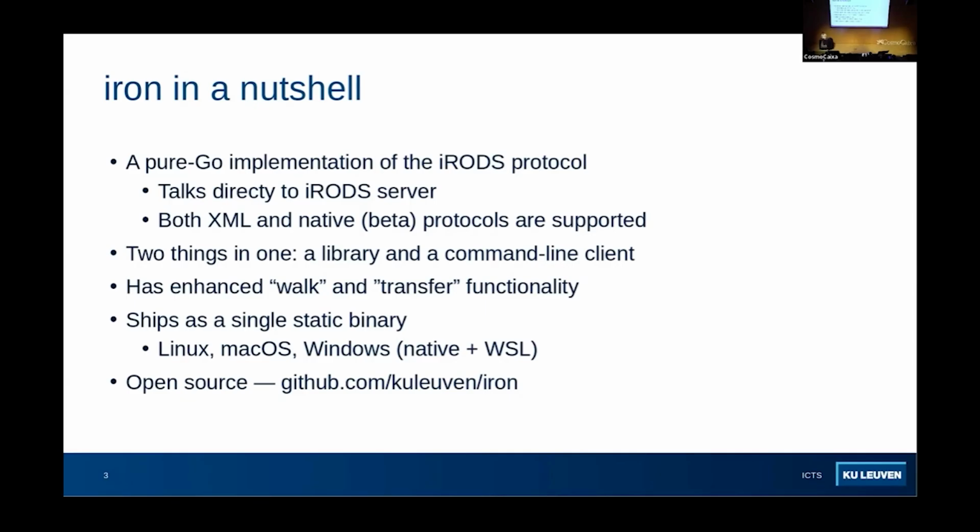It has an enhanced walk function, which means you can traverse a collection and all its children, and at the same time look at the metadata and the permissions of each object and collection, and do something with it.